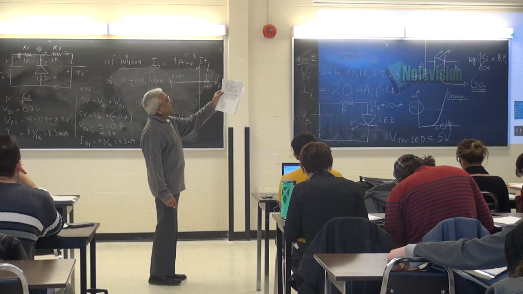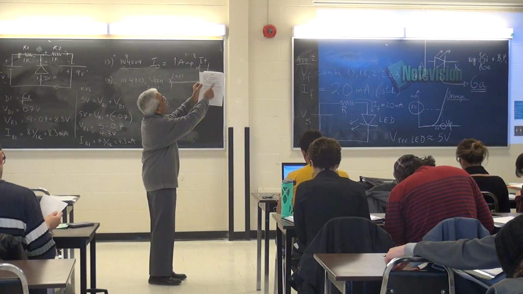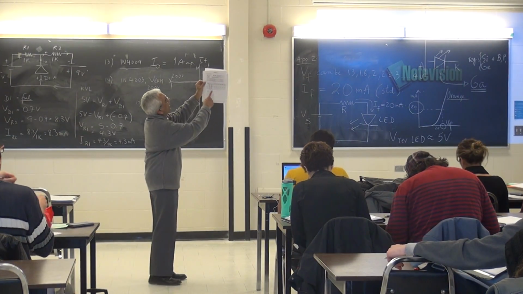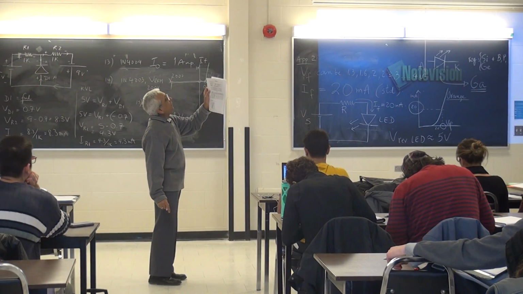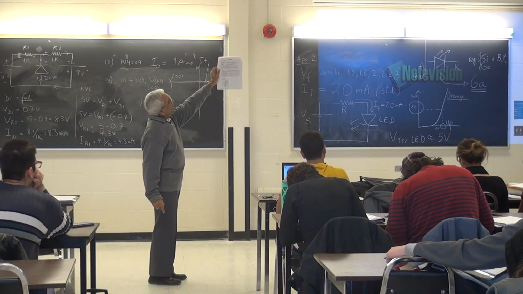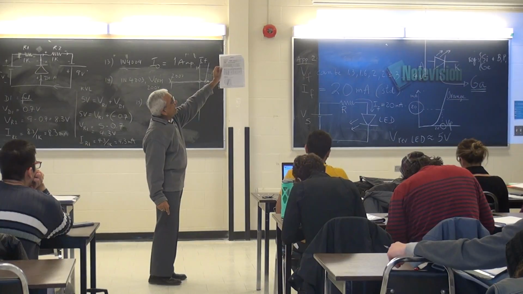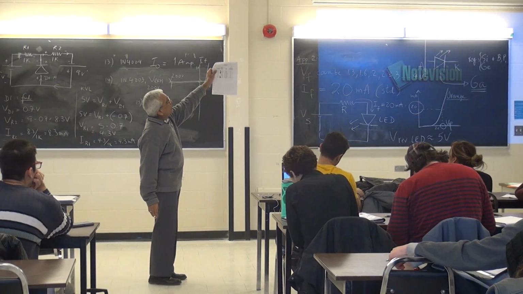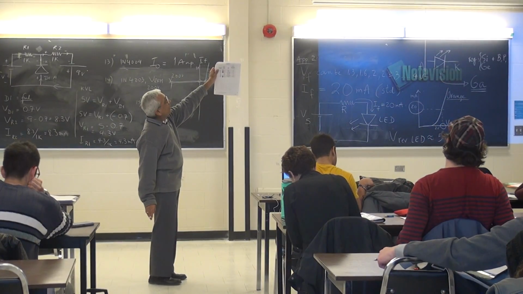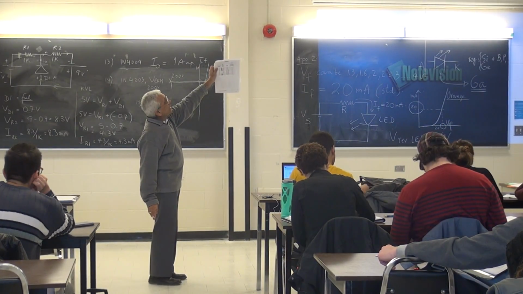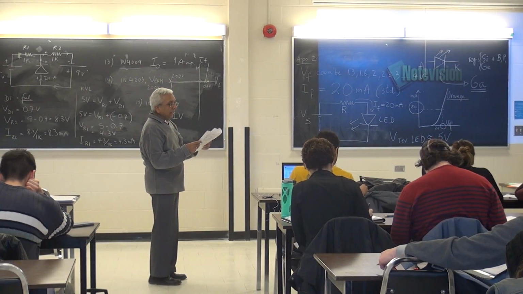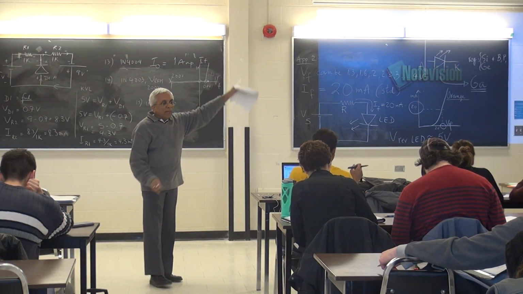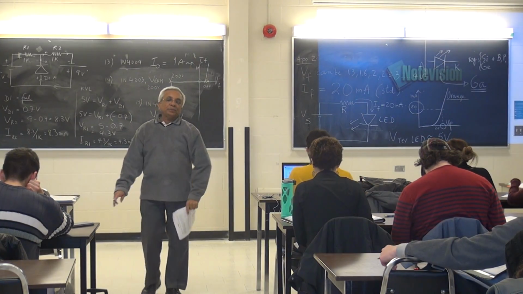So we looked at the appendix, we looked at the table for the types of material. We looked at the graph at the bottom for the current and voltage. And we looked at the table of voltages for different kinds of LED colors. Okay.